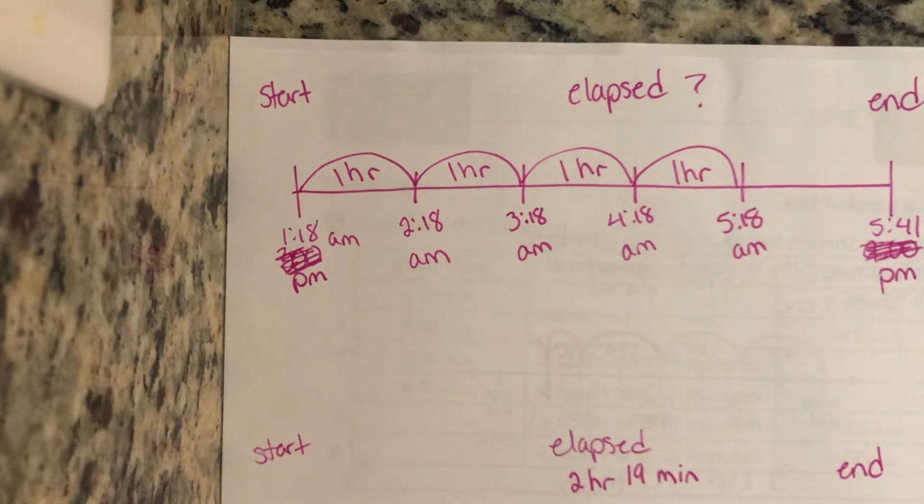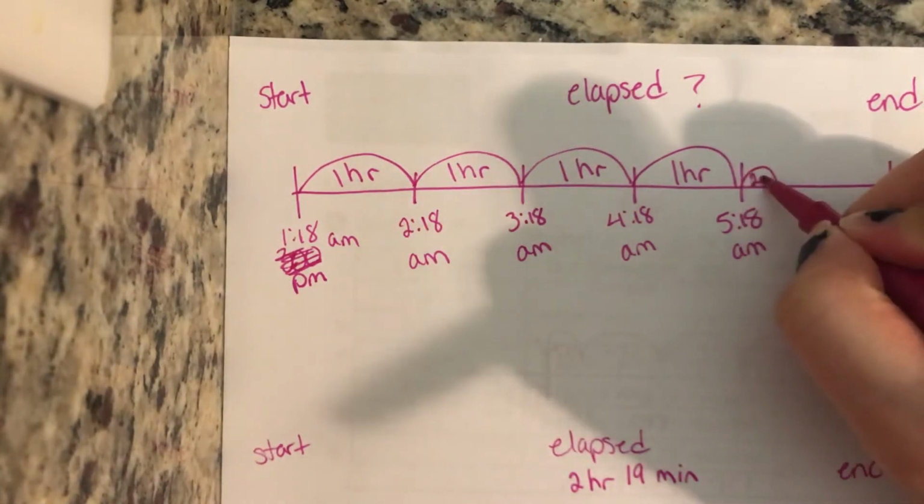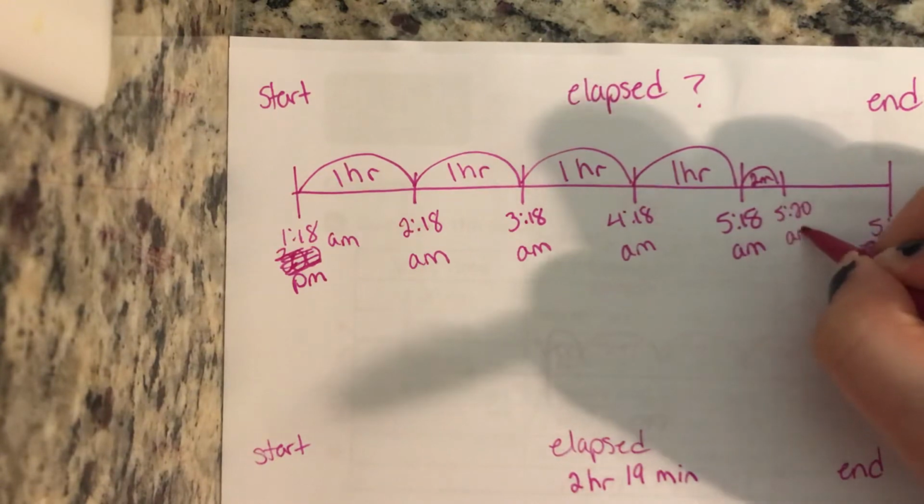Now I need to do the minute jumps and have my minutes match to 41. So here I'm going to start with a jump to make a friendly number. If I'm at 18, I'm going to do a small 2-minute jump because that will get me to 5:20 a.m.